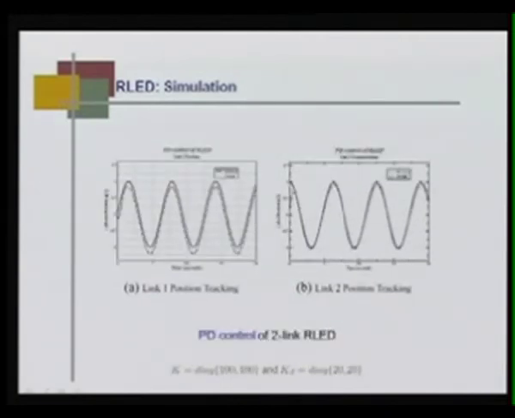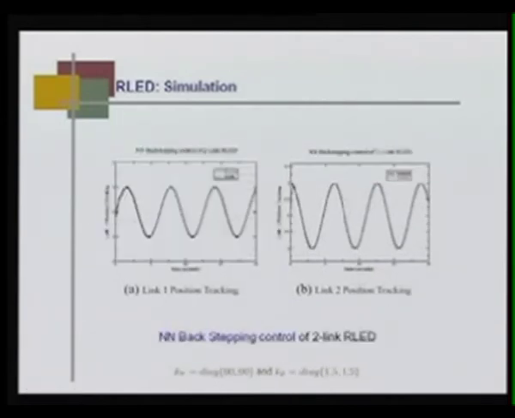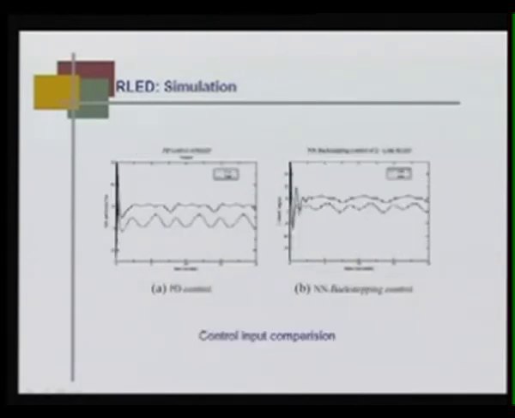If I do simple PD control, there is a lot of tracking error in both joint 1 and joint 2, but once I implement the neural network based backstepping control, my tracking error goes to 0. And this is my error, this is the control input, okay, and this is the PD control action, and this is the backstepping control action.